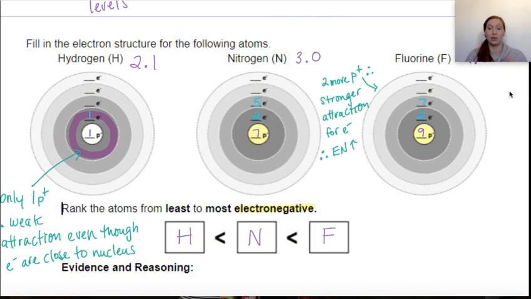The 2 factors that we have for that attractive force are going to be distance from the nucleus, which is related to the number of energy levels, and the number of protons in the nucleus. As distance from the nucleus increases, attractive force decreases. As number of protons in the nucleus increases, attractive force increases. So make sure you're always using those 2 things to explain your periodic trends.